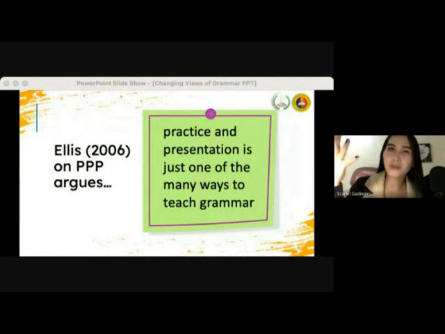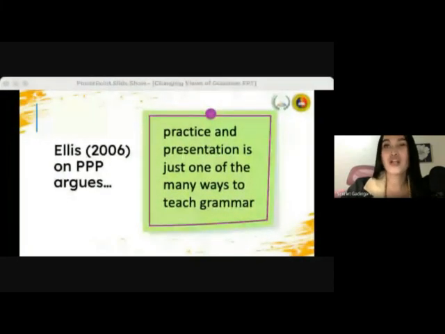Probably they have the opportunities to really use it, but since it's highly mechanical, since it's under a grammar-based approach, still students could not maximize the use of the language or really apply the structure learned during the presentation and practice. Okay, so it's very idealistic and impressionistic because they really think that through practice they will really gain mastery of the use of the language.